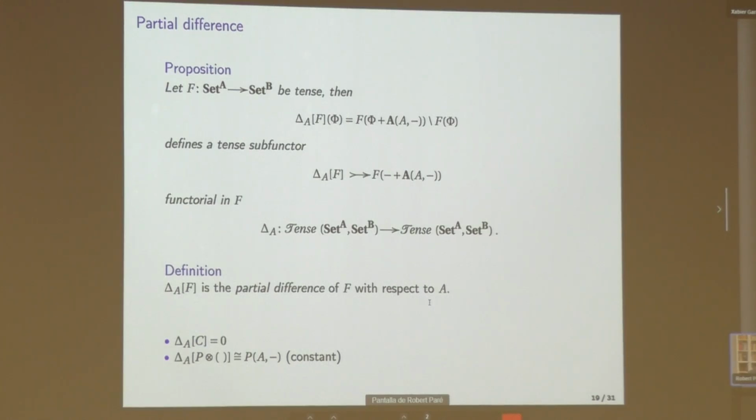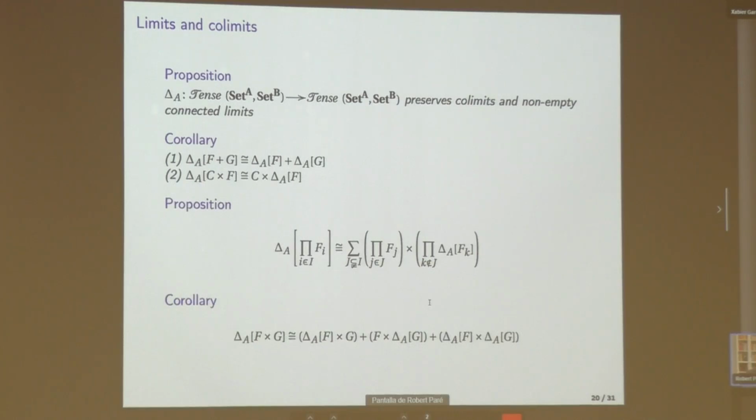And again, if you take a constant functor, you get 0, okay, it's trivial. And my calculation from before says that if you take now a linear functor, P tensor blank, then you get just P back at A. So delta A preserves colimits and non-empty connected limits.